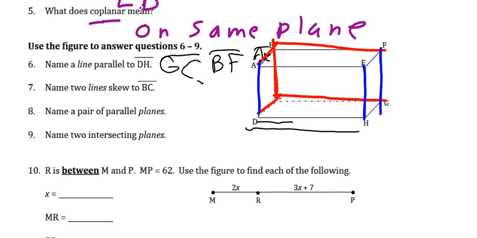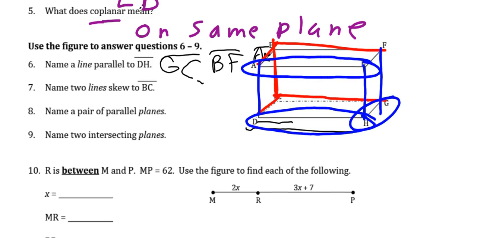Now, circle whatever is left. And those are your skew lines. Should be one more. Here it is. Okay, so those are your choices there.